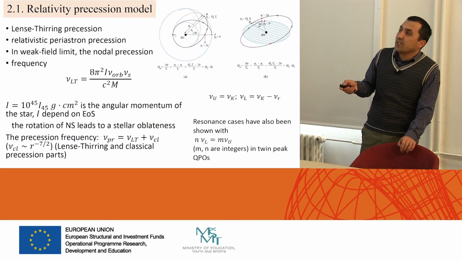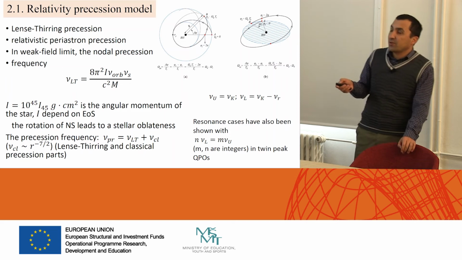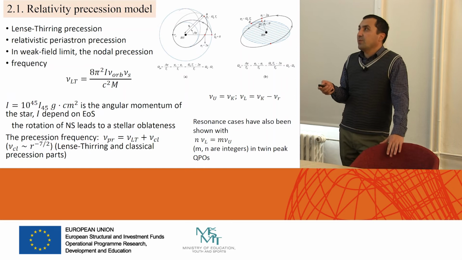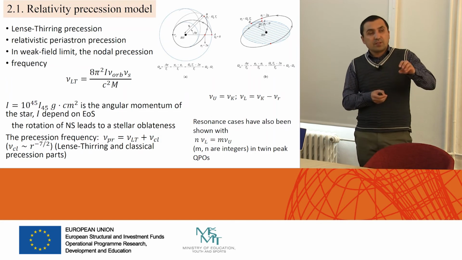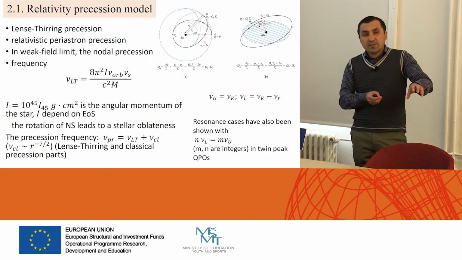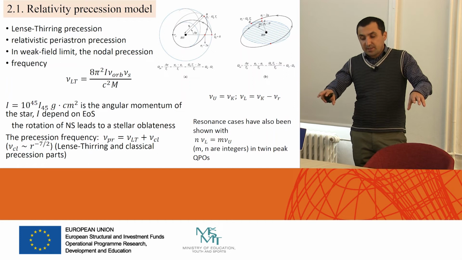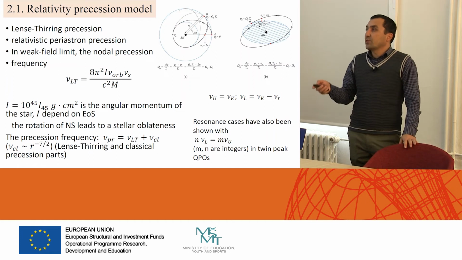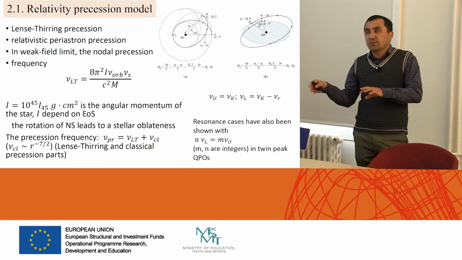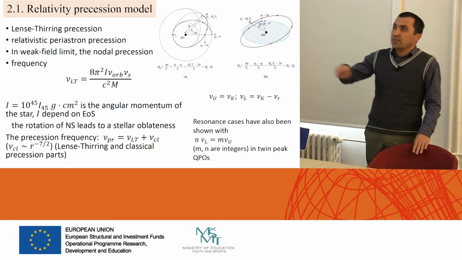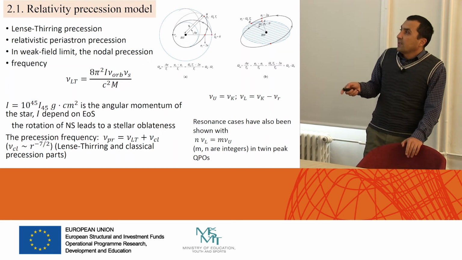We can get some limits for the inertial momentum of the neutron star, and using this relation, we can get some relation between the quasi-periodic oscillations and the nuclear model in the interior of the neutron star.